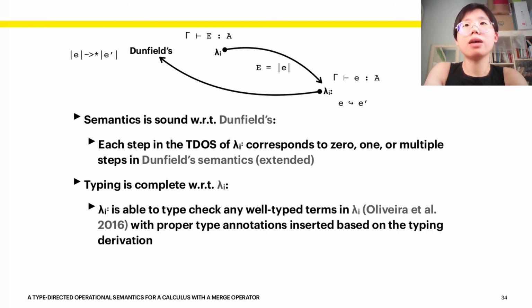That is to say, any step in our type-directed operational semantics corresponds to 0, 1, or multiple steps in Dunfield's semantics. Secondly, our type system is complete with respect to lambda-i's type system, in the sense that all its programs can be elaborated into our language. Our system is able to type check any well-typed term in lambda-i with proper type annotations inserted based on the typing derivation.